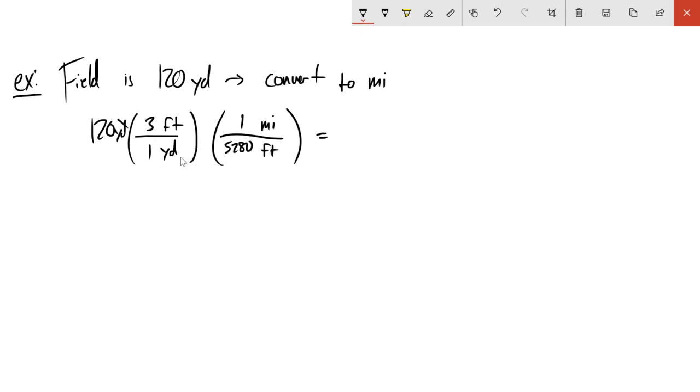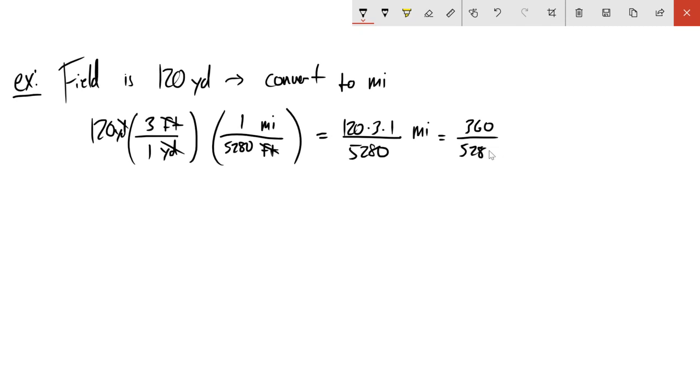Because see, in this case, the yards will cancel out in the first multiplication. The feet will cancel out in the second multiplication, and you'll just be left with miles. In the numerator, you have 120 times 3 times 1, and then in the denominator, you have 5,280. So essentially, you just do all your calculations at one time, because on top you'll get that 360.